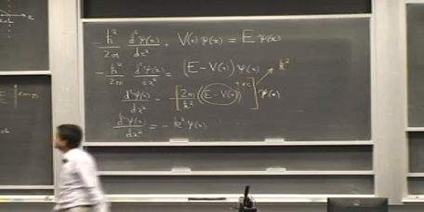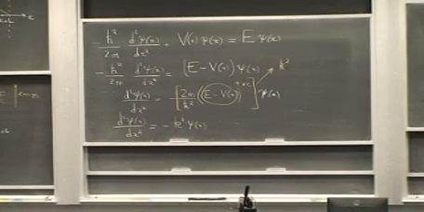Alright? So in the infinite well case, k is constant, which means the wavelength is constant and the momentum is constant. But in this case, the difference between the energy and the potential energy, which is just the kinetic energy, is gradually decreasing.